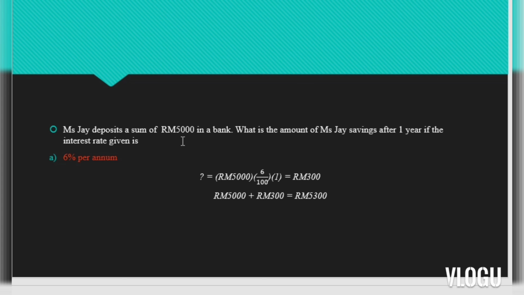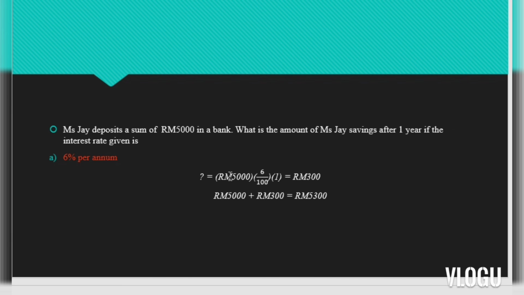So for the last question, Miss J deposits a sum of 5,000 ringgit in a bank. What is the amount of Miss J's savings after 1 year if the interest rate given is 6% per annum?